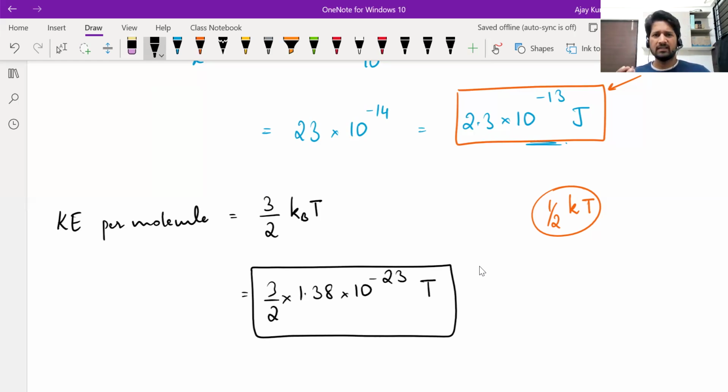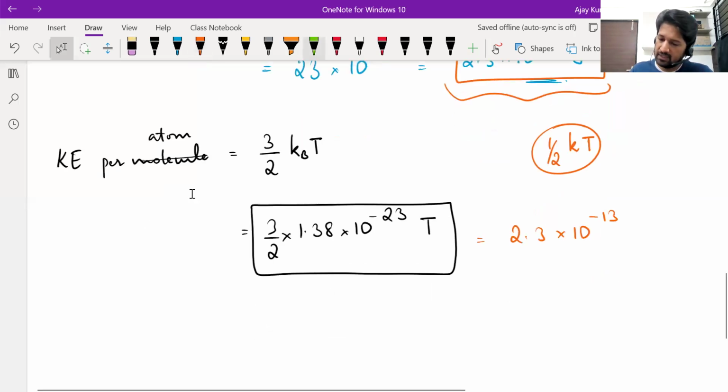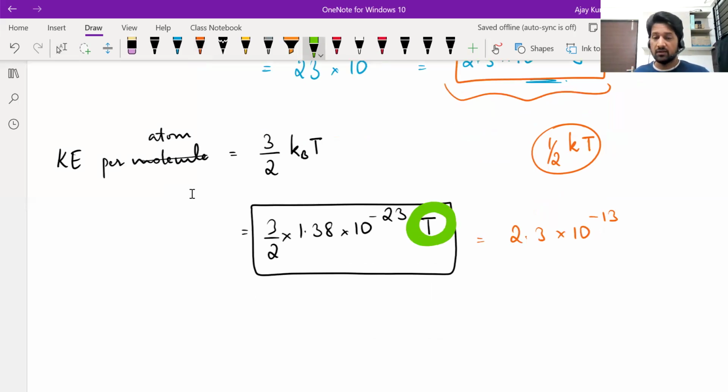In a monoatomic gas, the atom itself is the molecule, right? So you can say per atom, this is the kinetic energy. Now, how much energy is needed for two protons to fuse? This much. So you can equate this to 2.3 into 10 power minus 13 and estimate the temperature to which the protons will have to be heated in order to make this fusion reaction happen.